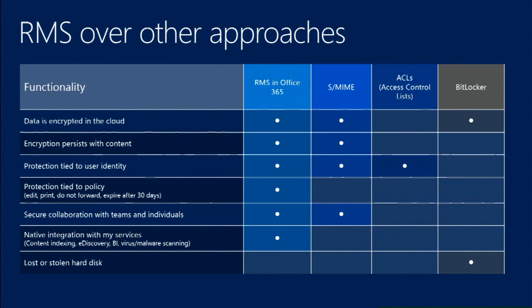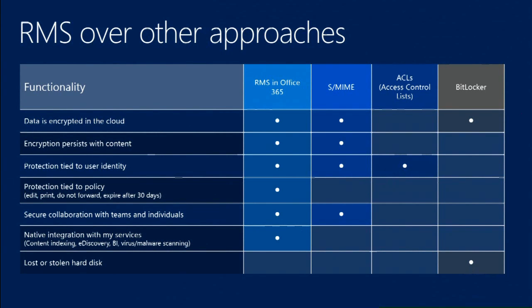Okay, a little bit of a comparison of RMS with the other approaches to protection. If you look at various end customer scenarios, whether the data is encrypted, whether data encryption persists with the content, etc., here's the comparison of all of the different technologies.